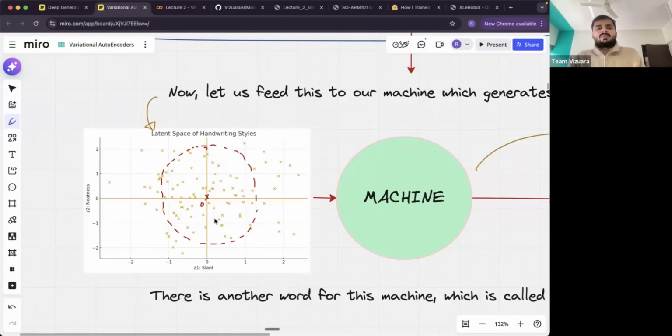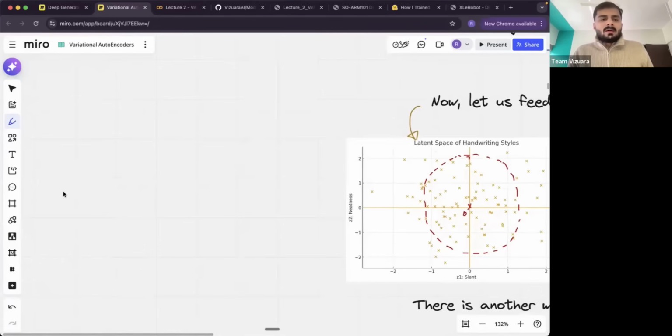And why are we so fixated on Gaussian? If you look at neatness, for example, on average, there are going to be people who are very neat. There are going to be people who are very messy. But the maximum people you are going to get are going to be somewhere in the center, which are average.